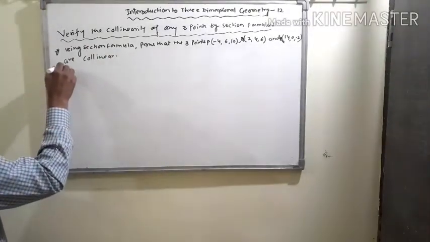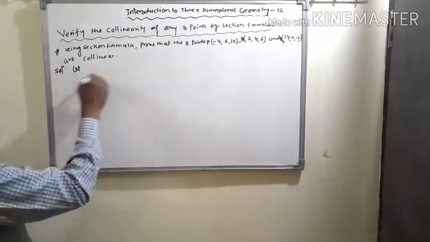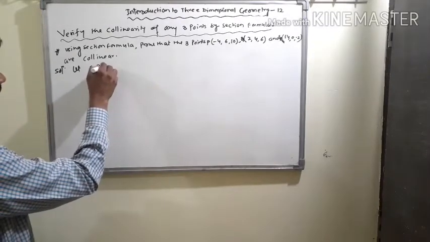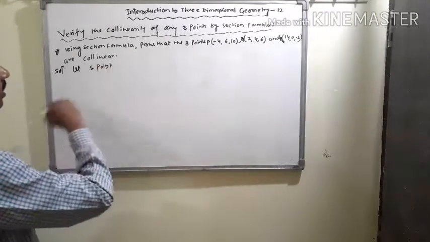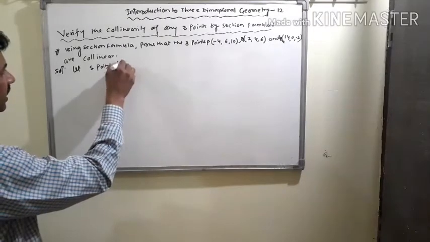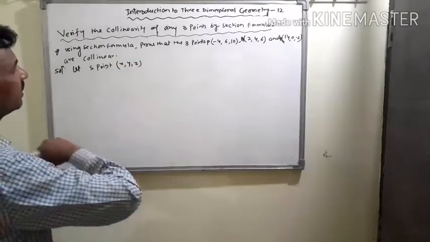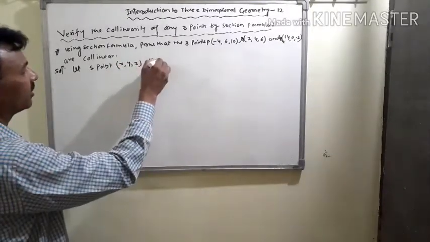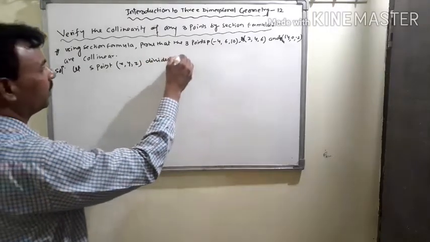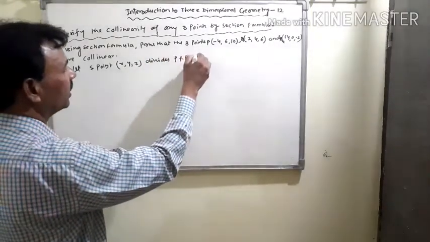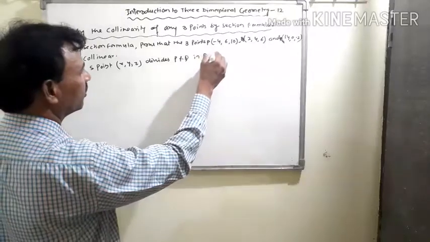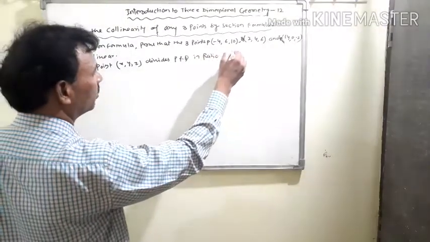For the solution, let the point S, whose coordinates are x, y and z, divide P and Q in the ratio lambda is to 1.